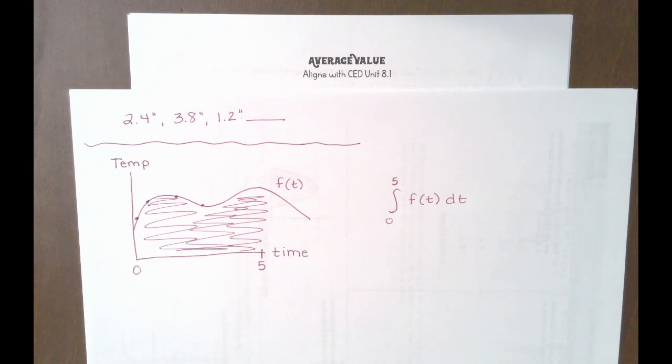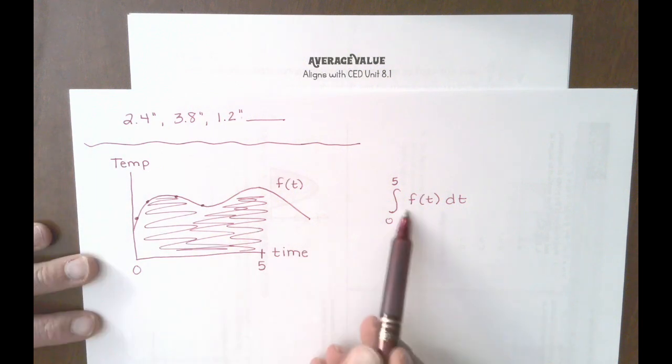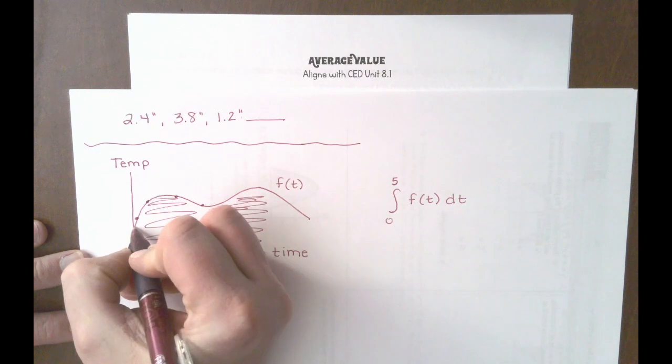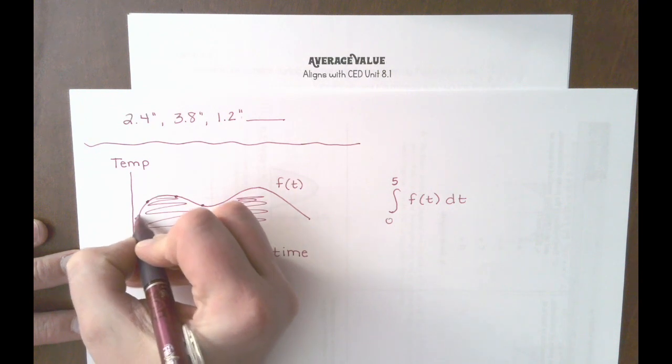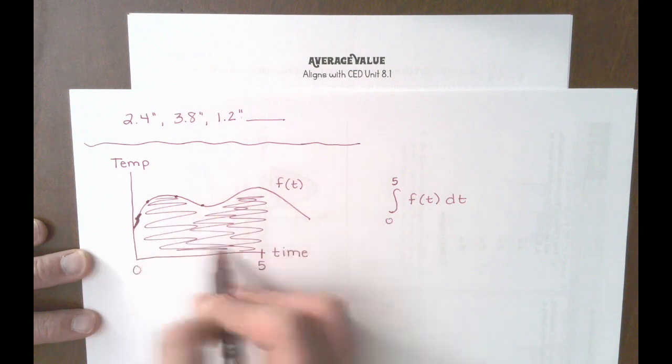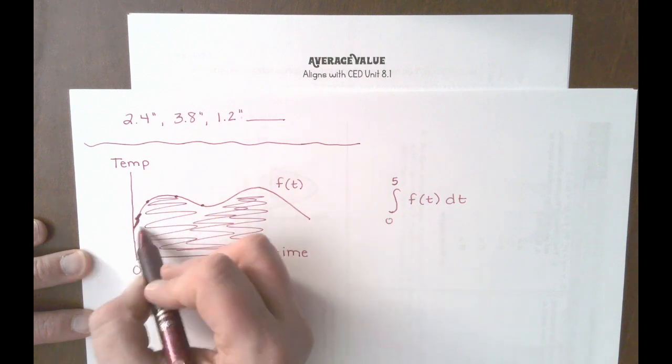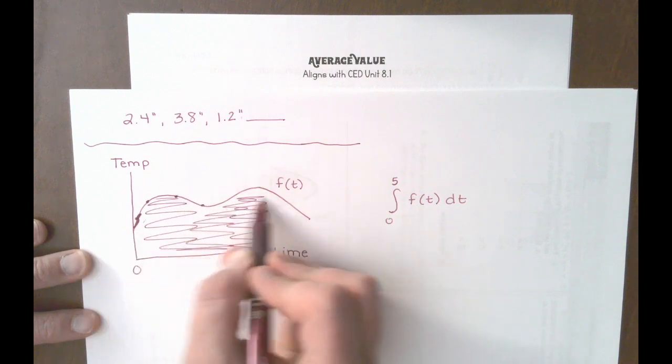And nobody ever cares about how many total degrees you have, especially not if you know you're 78 at 2 o'clock and you're 78.2 at 2:30, and you add those together, like what does that even tell you? But what this is doing when you take this integral is adding together all of these individual function values, right? That's what this accumulation is, the accumulation of whatever your function is.